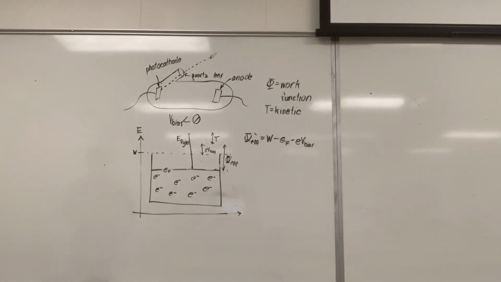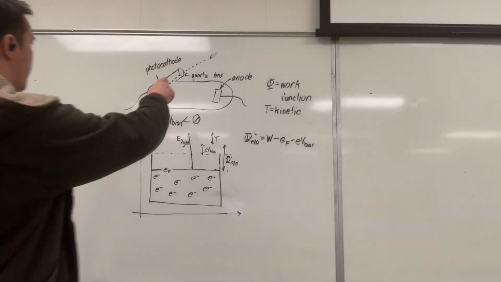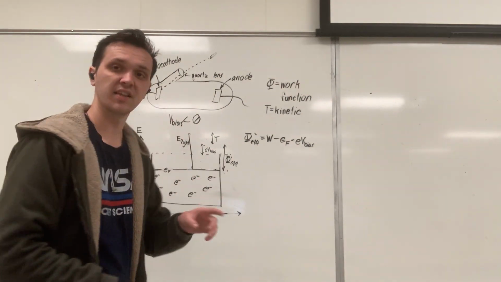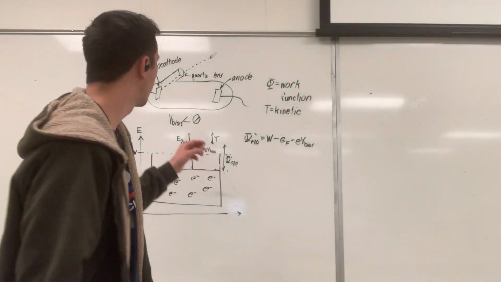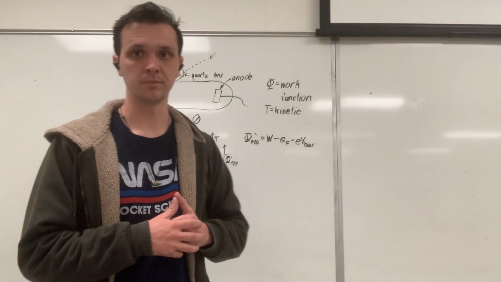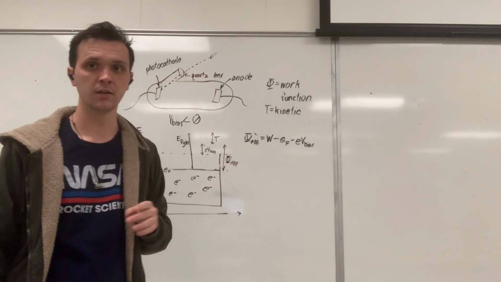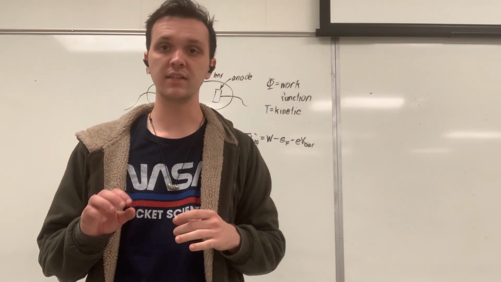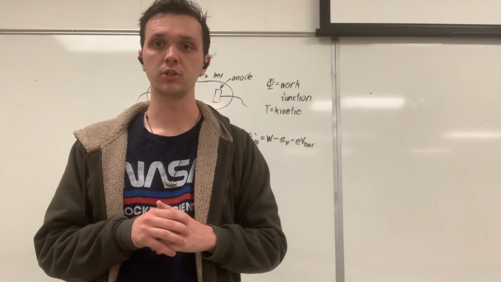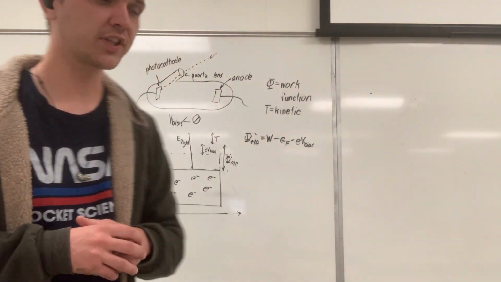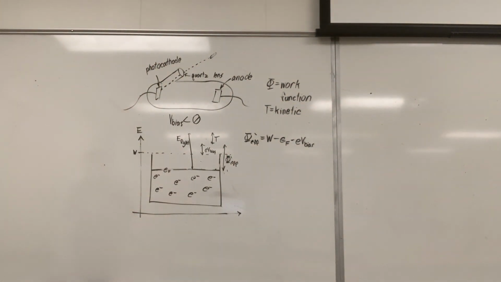Well, the first prediction is that if I increase the intensity of the light, then I will excite more electrons and the current will increase. Another prediction is that light of any frequency, if you make it intense enough, will generate current. In other words, the color of the light, according to classical theory, is not a factor.